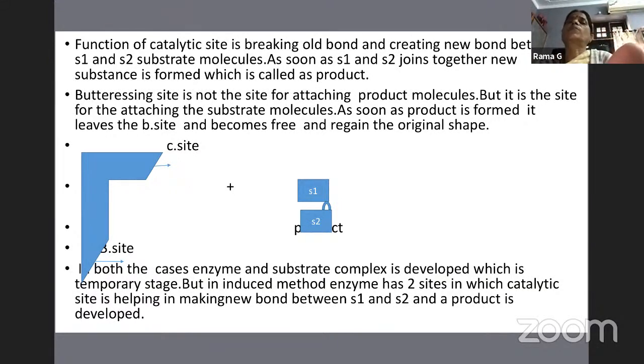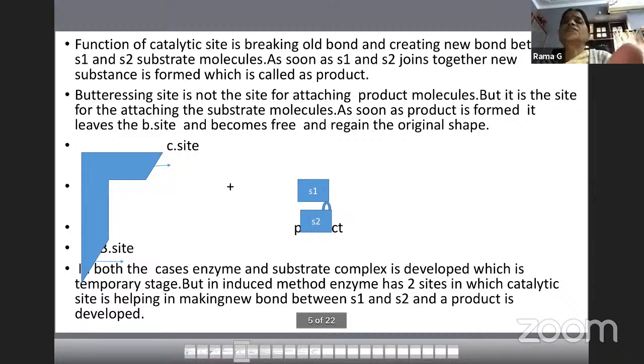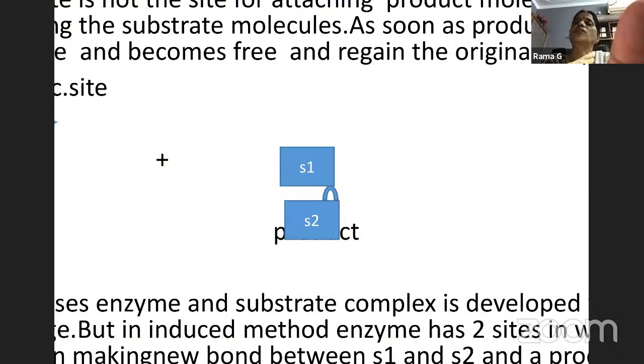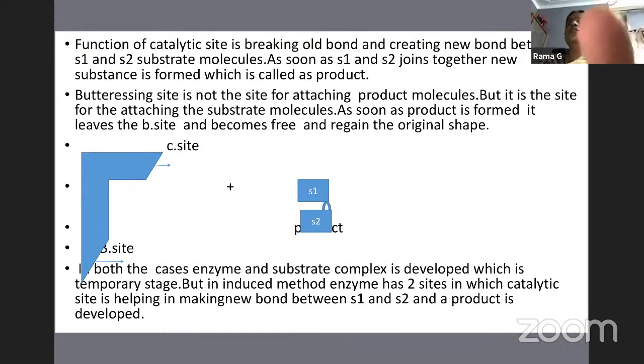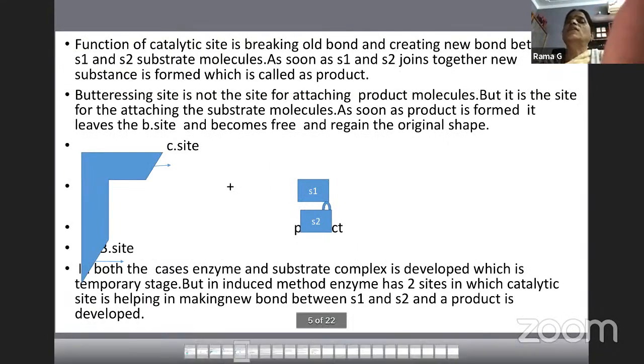That gives the product. And here the buttressing site is not undergoing any changes. The buttressing site is not the site for attaching these product molecules. That's why, after the formation of a new bond between the substrate molecules, they detach from the buttressing site and come out in the form of a product.